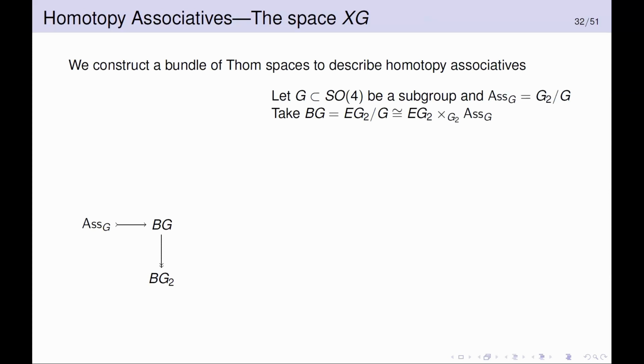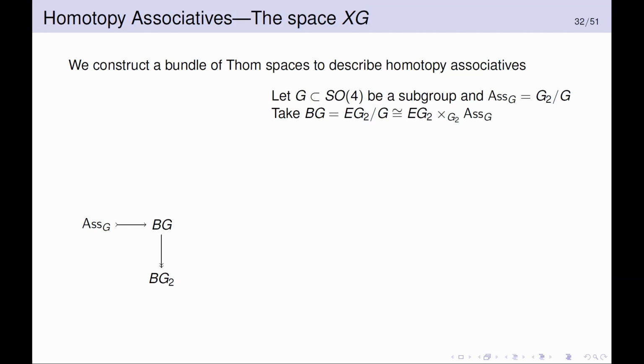So G is a subgroup of SO4. SO4 is a subgroup of G2. So there is a map from the classifying space BG to BG2. And if you take a good model, like you take a huge contractible subspace on which all these groups act freely, and you take the quotients by G or by G2, then you automatically get a fiber bundle whose fiber is the homogeneous space G2 mod G. And we call this As G, as for associative.